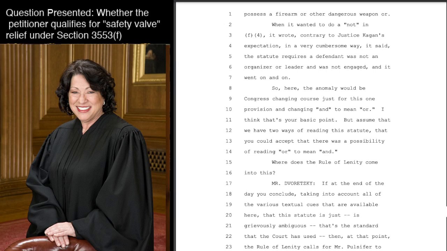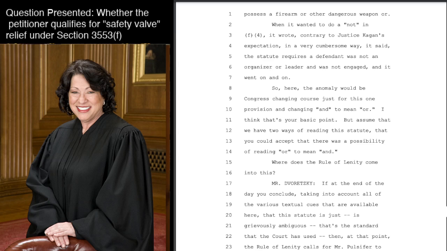When it wanted to do a "not" in F4, it wrote, contrary to Justice Kagan's expectation, in a very cumbersome way. It said the statute requires that the defendant was not an organizer or leader and was not engaged, and it went on and on. So here the anomaly would be Congress changing course just for this one provision and changing "and" to mean "or." I think that's your basic point.